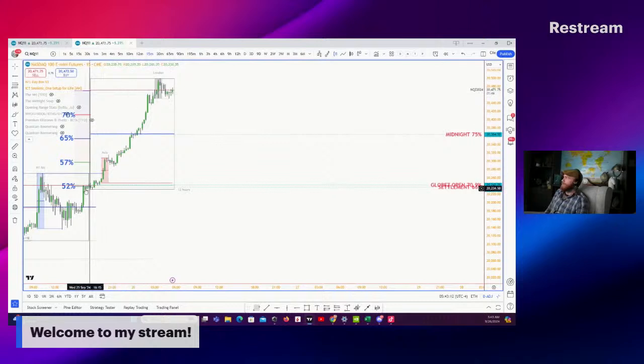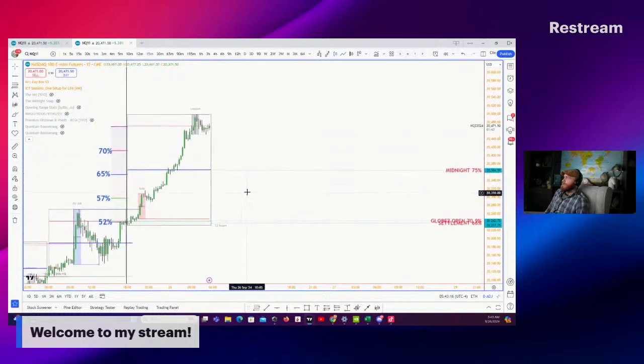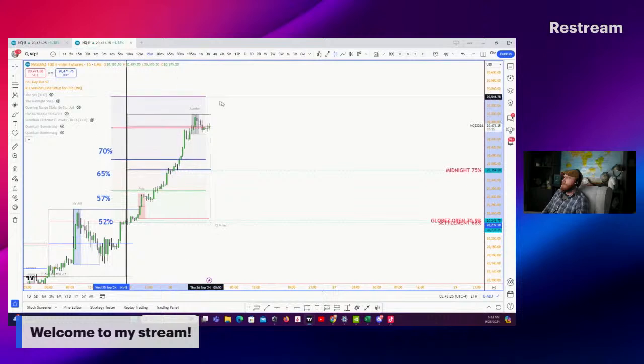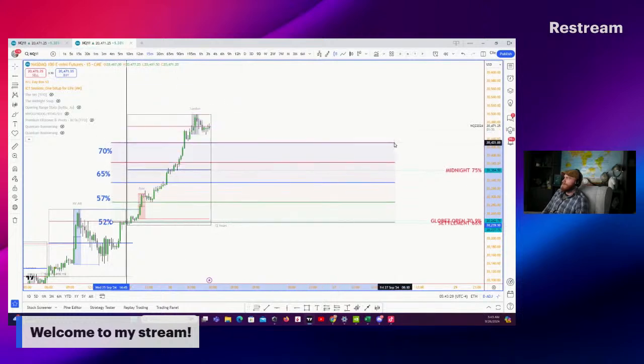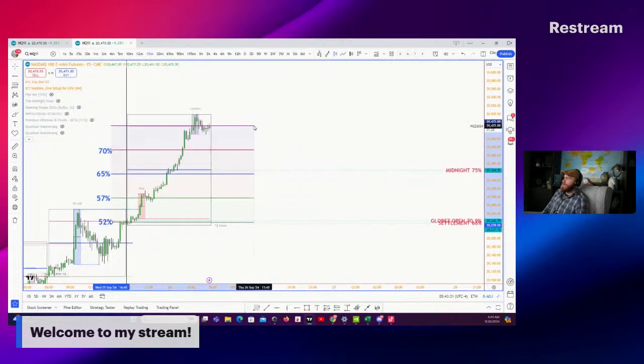I guess I'm going to have to move them anyway. But cool. Now we put our time-based probabilities on. We put our gap probabilities on. Obviously, this will continue to move up and down based off of what price is doing until 9:30, and then it will anchor.